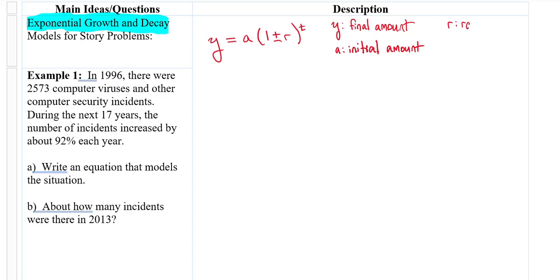R is your rate of growth or decay. T is your time period. And normally that time period will be expressed in years. So we'll go ahead and make a note of that.